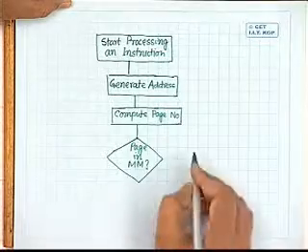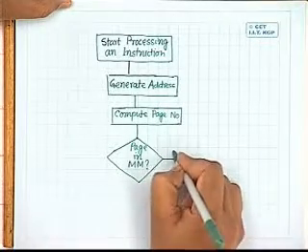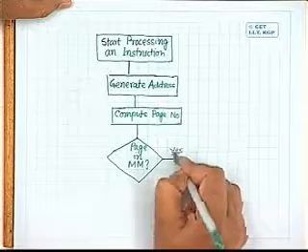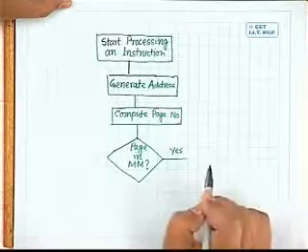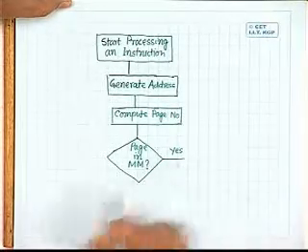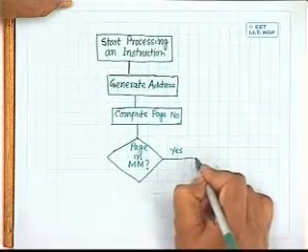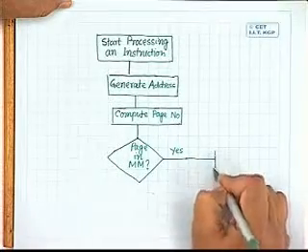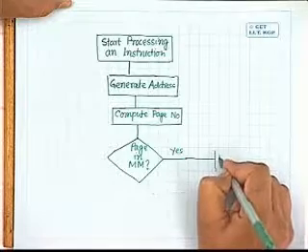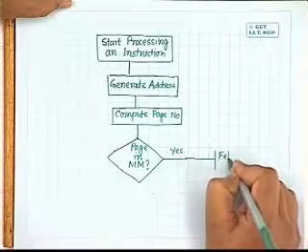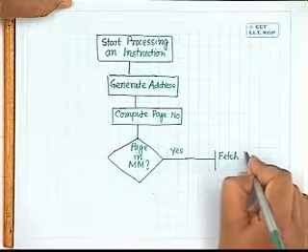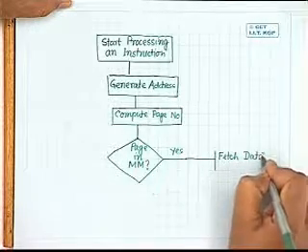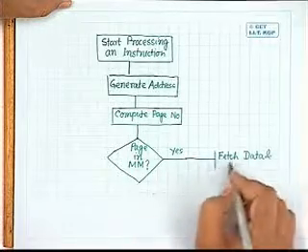If the page is available in the main memory, then you don't have any problem. You can simply execute the instruction and go to the next instruction. So if the page is available in the main memory, what you have to do is fetch the data and compute the instruction.